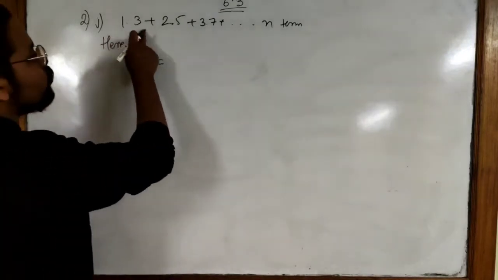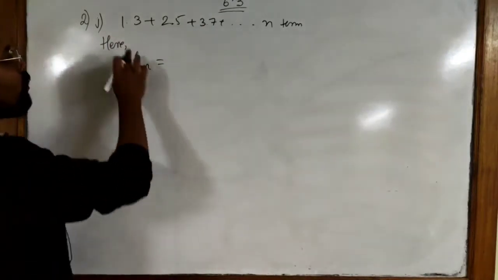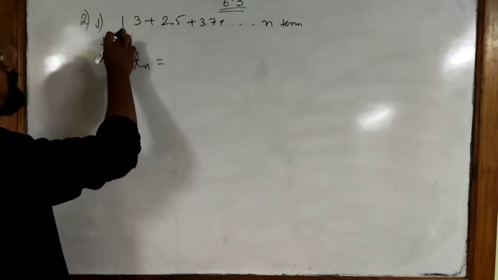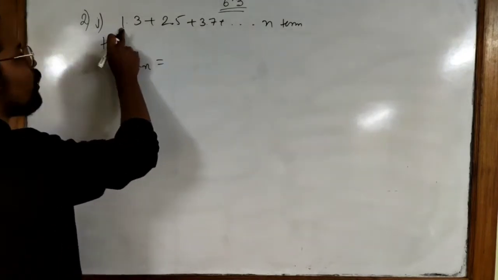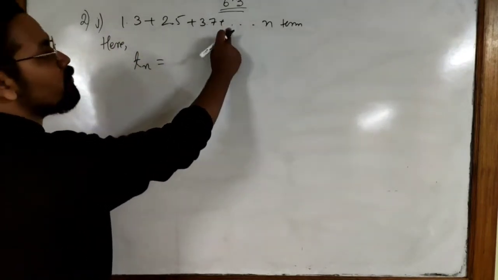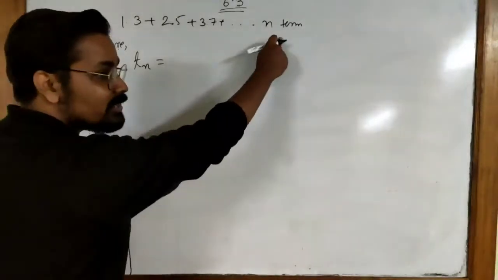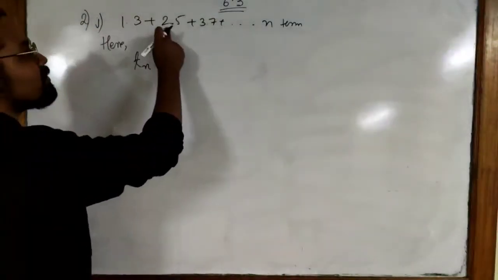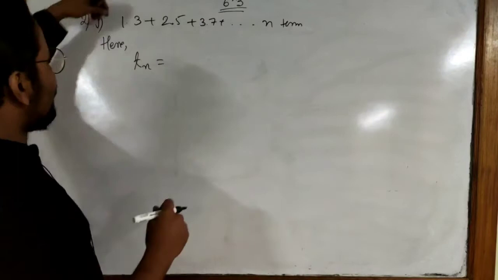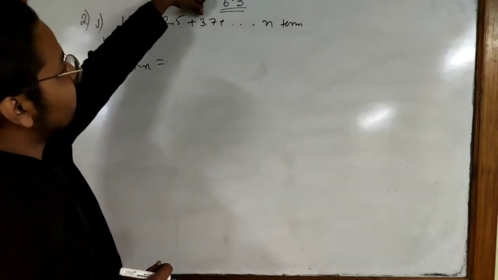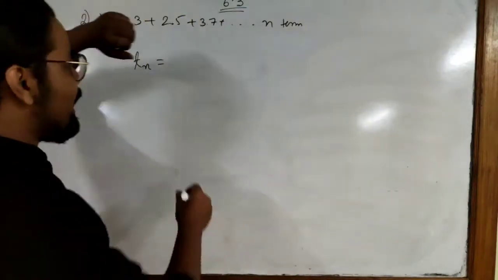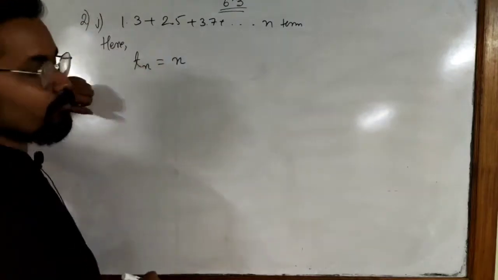So, if you look at the two factors here, 1 into 3. The first factor of each term is 1, 2, 3, next one will be 4 into something, then 5 into something, 6 into something. That means this is 1 for the first term, 2 for the second term, 3 for the third term, it will be n for the nth term. So, this is n.